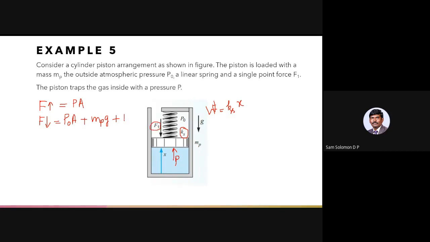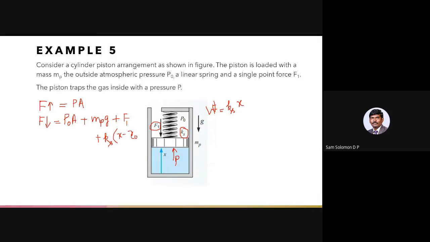So that is F1. And one more thing can be the force exerted by the spring. That depends on the change in the length of the spring, which could be x minus x naught.